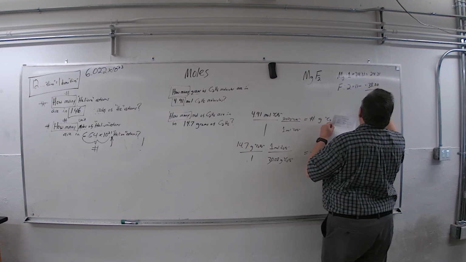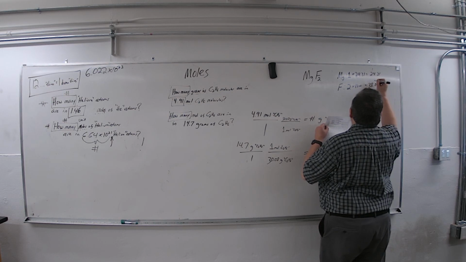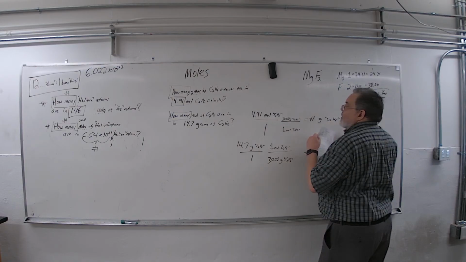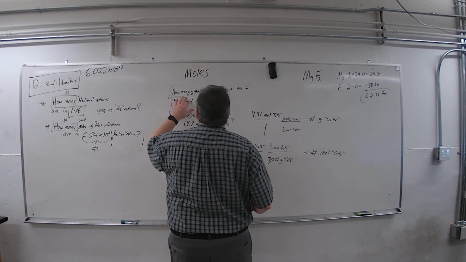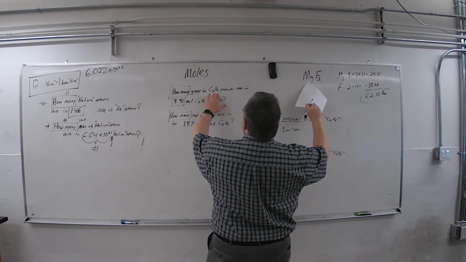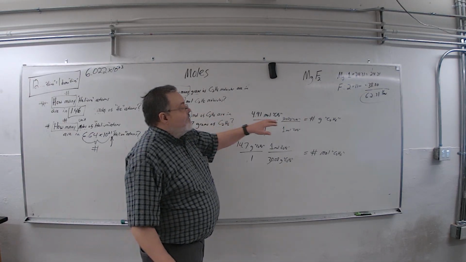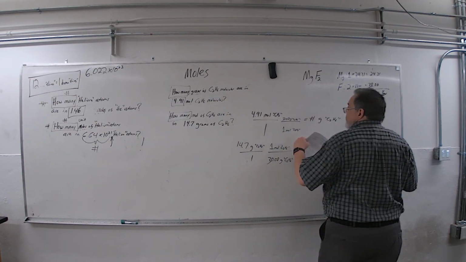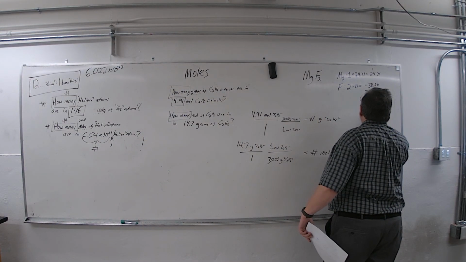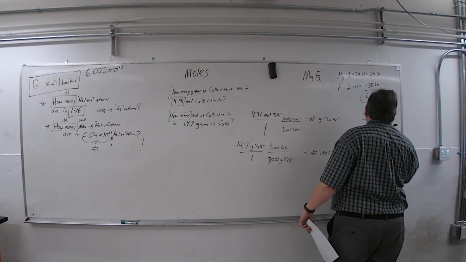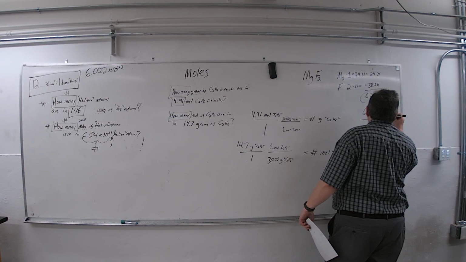Add them up. So if I wrote a question that has this many grams of MgF2, how many moles of MgF2 that is, this is what you would use instead of the 30.08. MgF2.